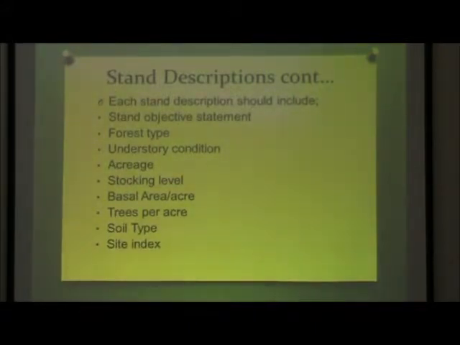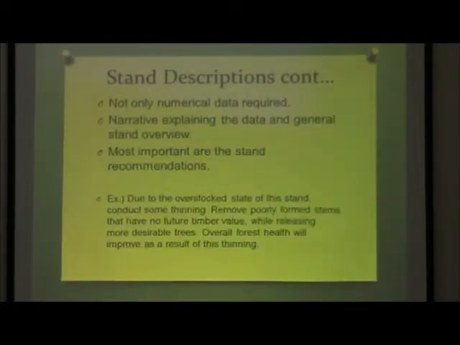In each of them, you have a description of the forest type, understory conditions, acreage, stocking level, basal area. You really don't have to be concerned about that stuff, because if you're doing a forest management plan it's critical, but that's not exactly what you're doing. That's something that we would do as foresters to break the stand down into smaller components.